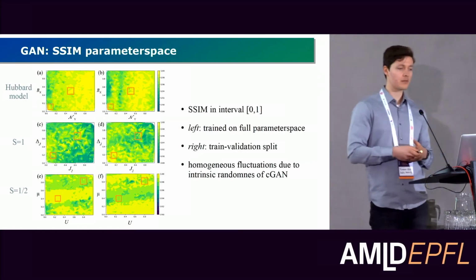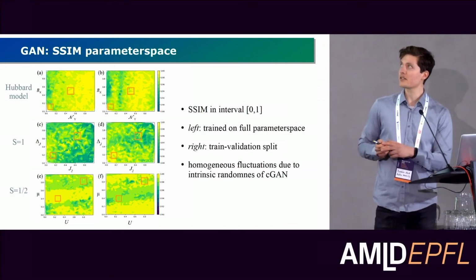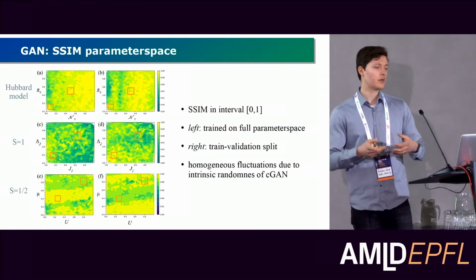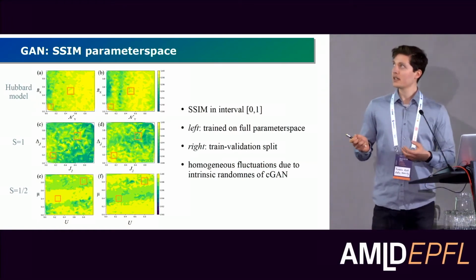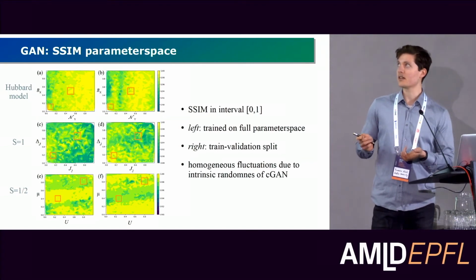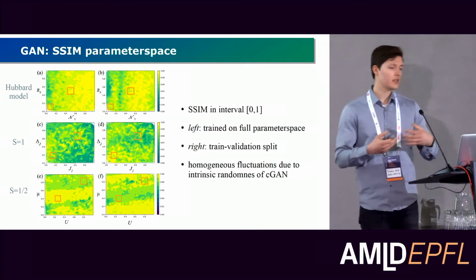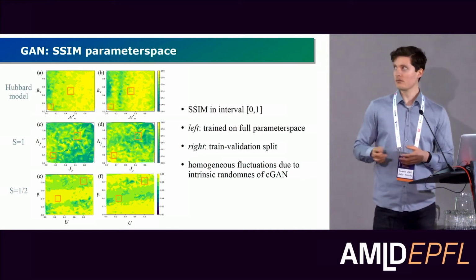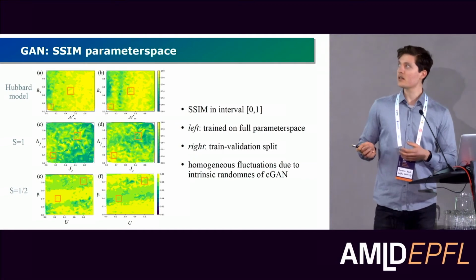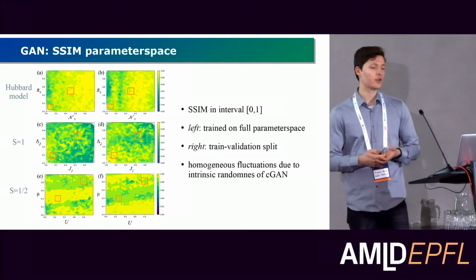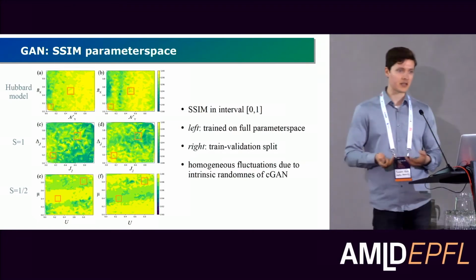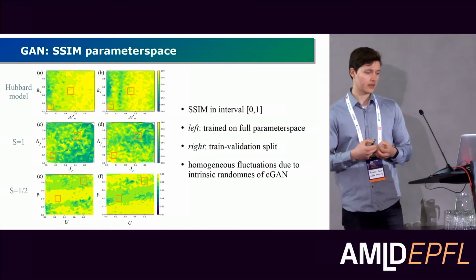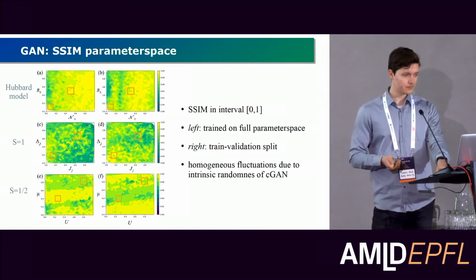We can see that we overall get the same accuracy, the same SSIM index, even in the regimes which the GAN hasn't been trained on or has never seen before. So it learns to infer, or interpolate, to these areas of the parameter space. The fluctuations we can see here are due to the homogeneous fluctuations of the intrinsic randomness of the GAN, and also in the Hamiltonian, where we included the random parameters.